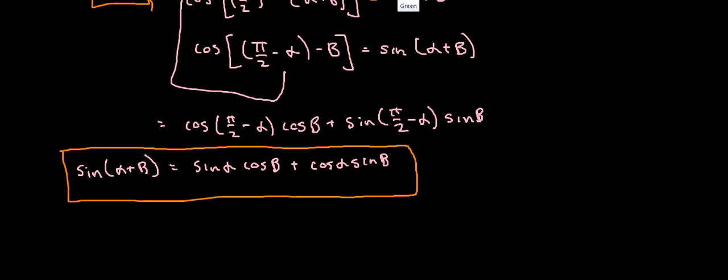And to find the difference formula, it's the same procedure as finding the difference formula previously for cosine from the sum formula, where I just make the substitution beta is equal to minus beta, and then I just use the even-odd properties.